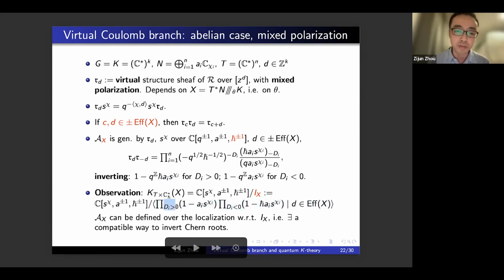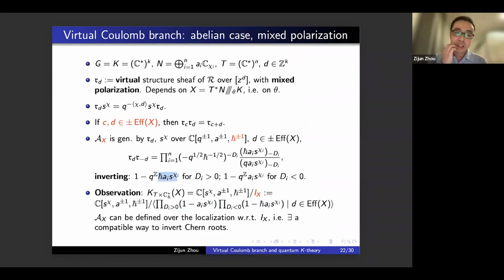So for D_i positive, in this relation you have 1 minus a_i, but in the denominators appearing in this Coulomb branch, you have 1 minus h bar a_i.